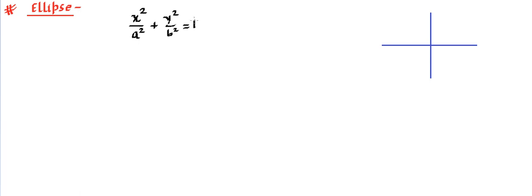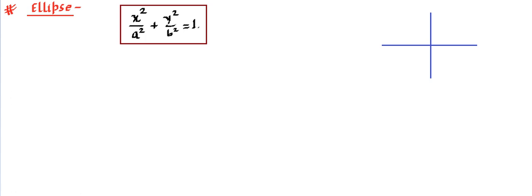So if you find an equation in this format, then you can claim that it represents a geometry called an ellipse. Here a and b are constants. x has a power 2, y has a power 2. In case of a circle, a and b become equal, so it becomes x square plus y square is equal to a square. But if they are different, that's called an ellipse.